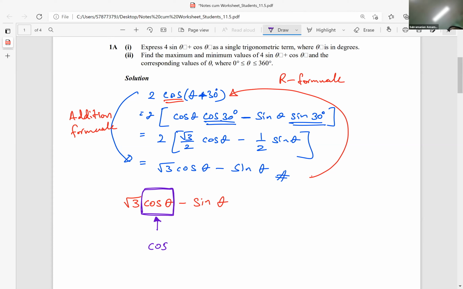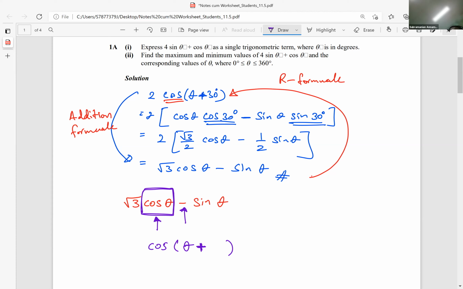Are you okay with me? Can? Okay. And you have a theta here. Okay. And you have, because this is cosine, right? Whatever you happen to have here, since this is minus, right? This will become plus.